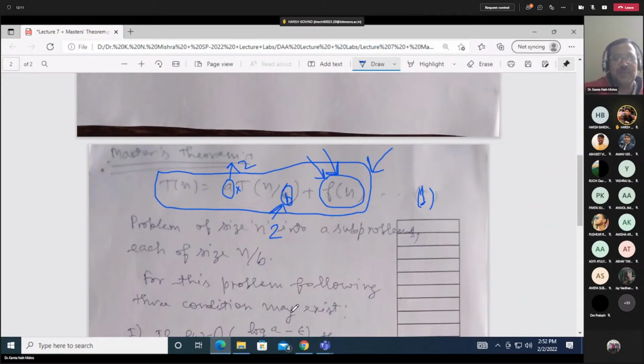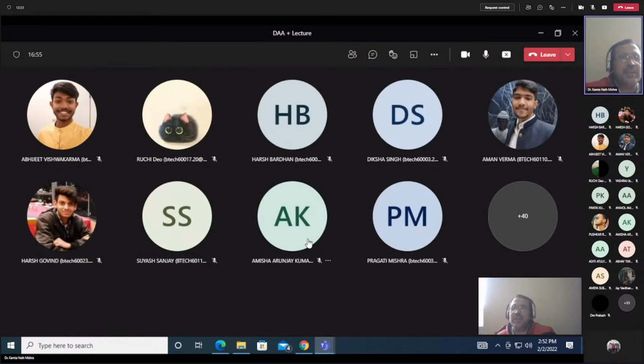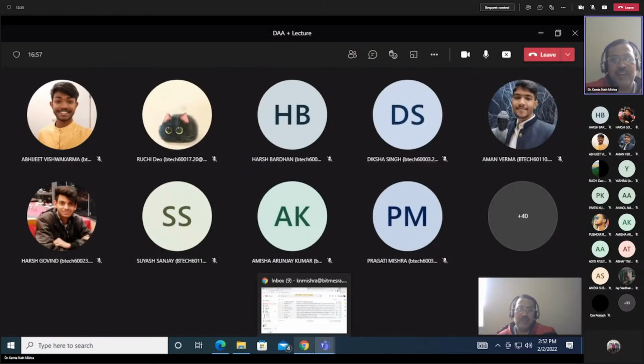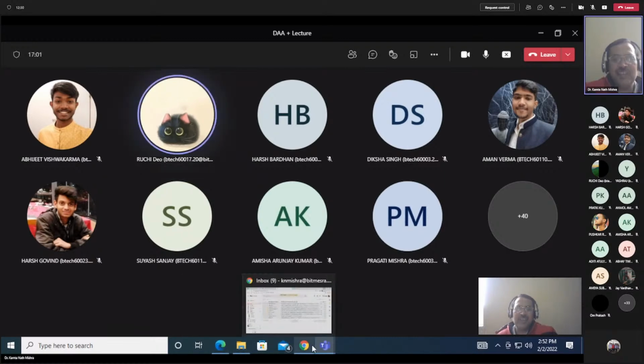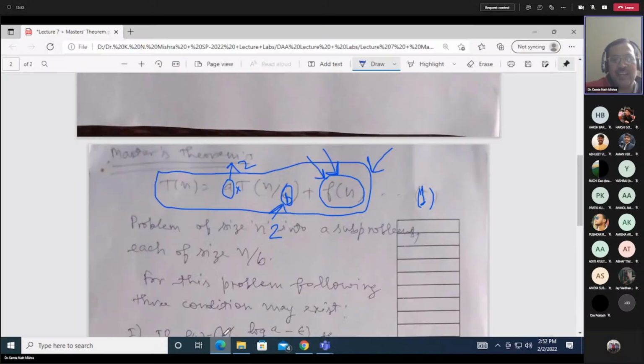Please answer quickly. a is 2, b is 2, and f(n) is cn. Very good. So a is 2, b is 2, and f(n) is not equal to c, f(n) will be equal to cn.